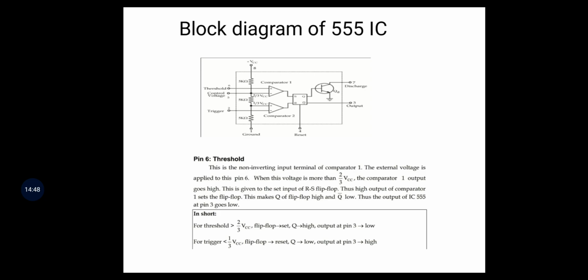Next, if the trigger is less than 1/3 VCC, the flip-flop is reset. That means Q is low. This means when threshold is greater than 2/3 VCC, the flip-flop is set, Q is high, and the output at pin 3 is low.